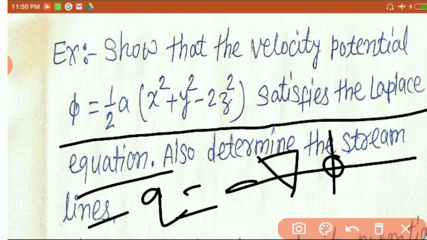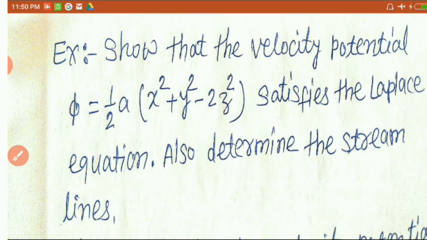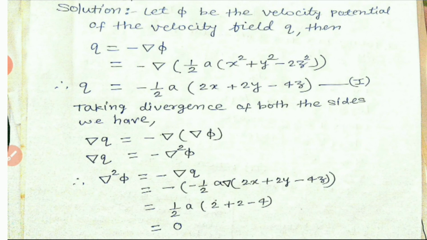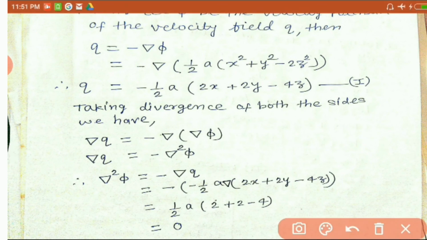And we have phi is equal to 1 by 2 a times x square plus y square minus 2z square. So minus del phi, as it is, phi is equal to this.